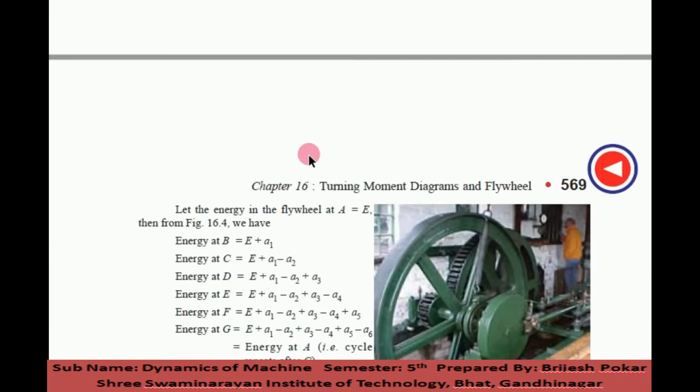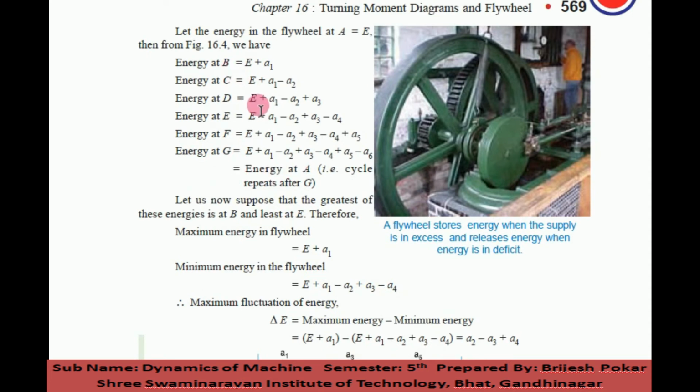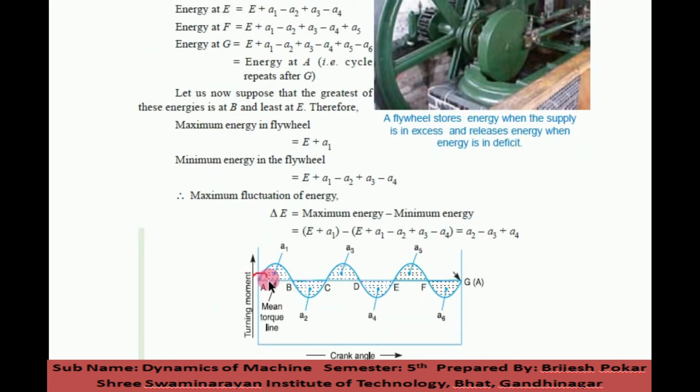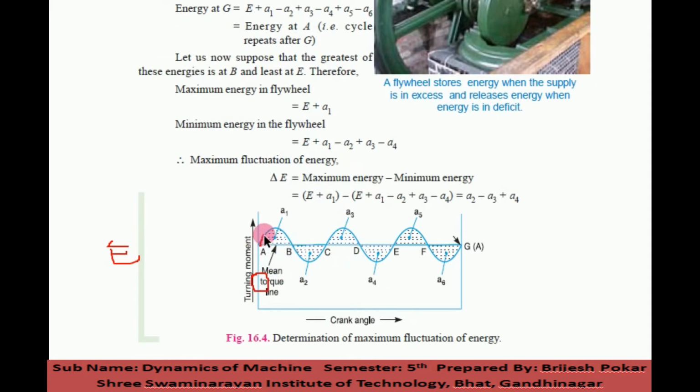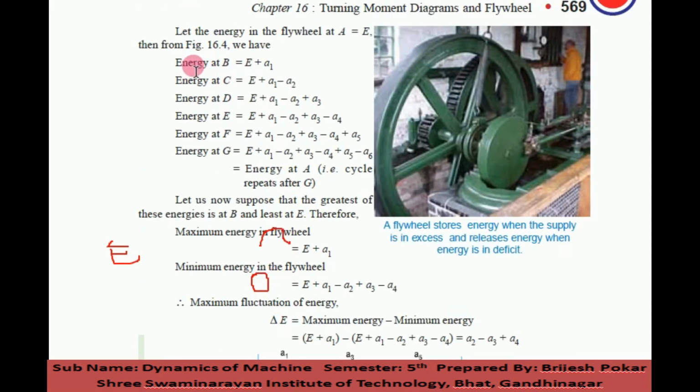Now, if we talk about the energy at A, let's assume the energy at A is E. From A to B, the energy at B is E plus A1.